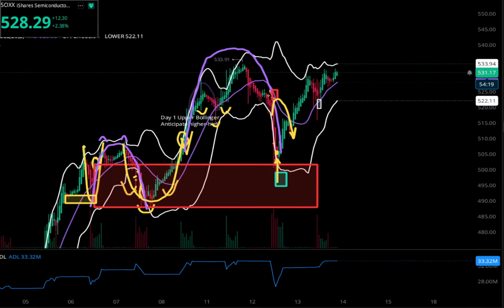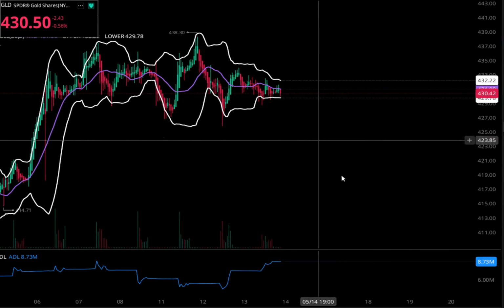And let's go to a symbol that I don't usually work on too much. Let's go to... we'll just do gold.